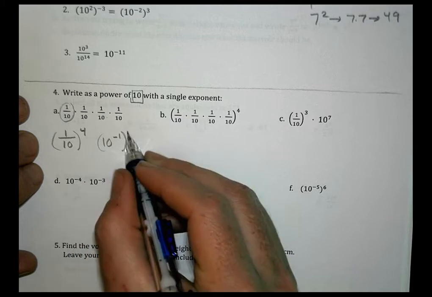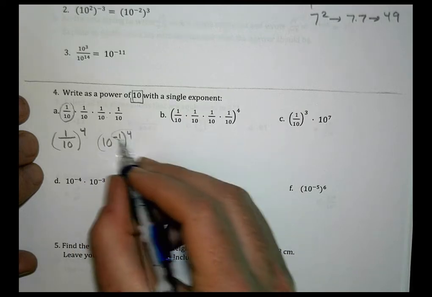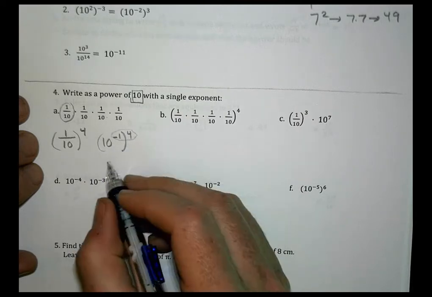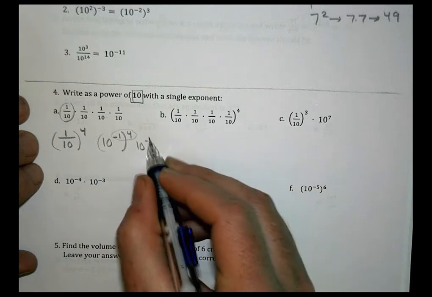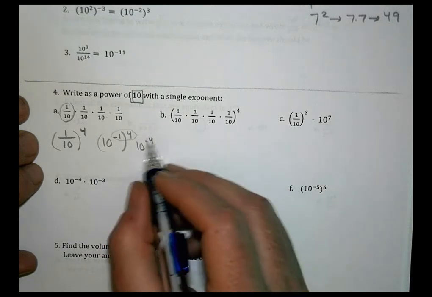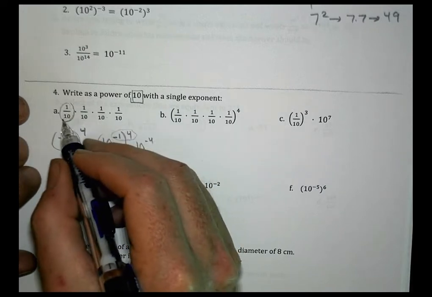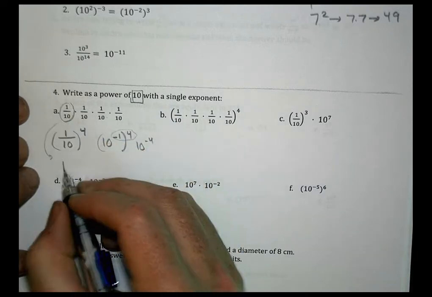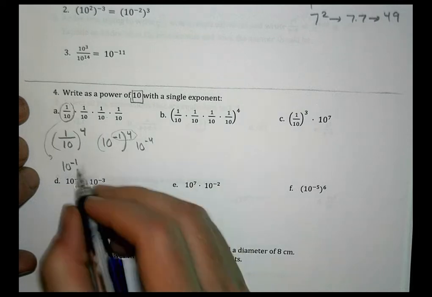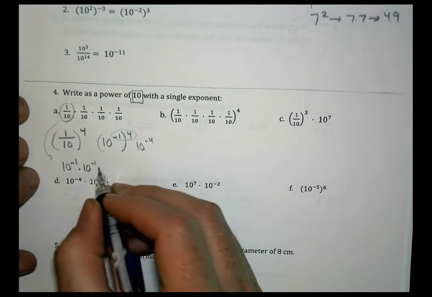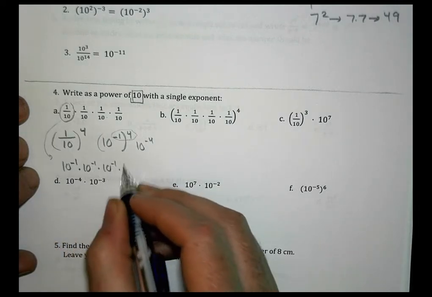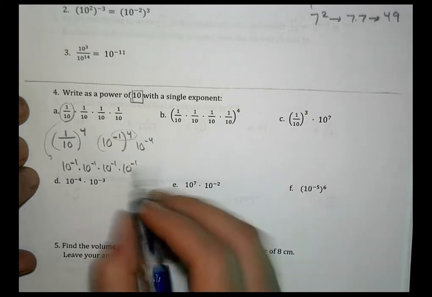And I'm still taking that to the 4th power. Now if I multiply those exponents together, I have 10 to the negative 4th. And that works out as well. Another way of thinking about it is that 1 over 10 is already 10 to the negative 1st power, times 10 to the negative 1st, times 10 to the negative 1st, times 10 to the negative 1st power.